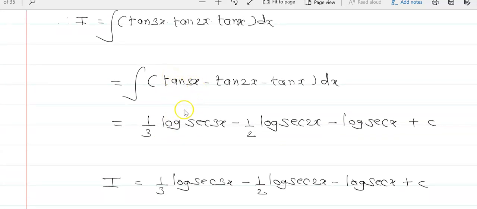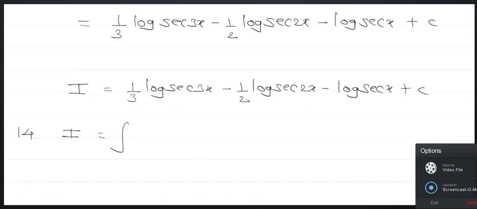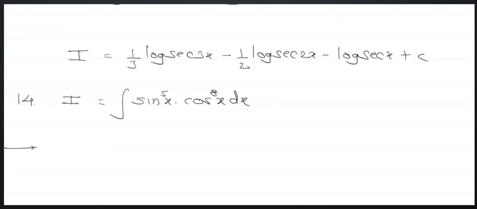The integral of tan of 3x is 1 upon 3 log of sec of 3x minus 1 upon 2 log of sec of 2x minus log of sec of x plus c, and therefore I is equal to 1 upon 3 log of sec of 3x minus 1 upon 2 log of sec of 2x minus log of sec x plus c. This is the answer. Now the next is problem number 14. I is equal to integral sin of x raised to 5 into cos of x raised to 8 dx.